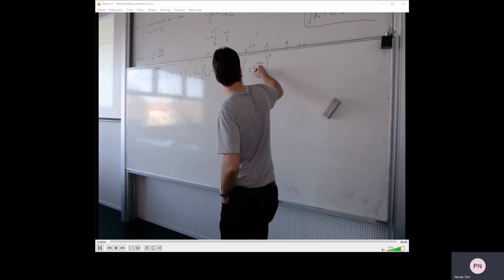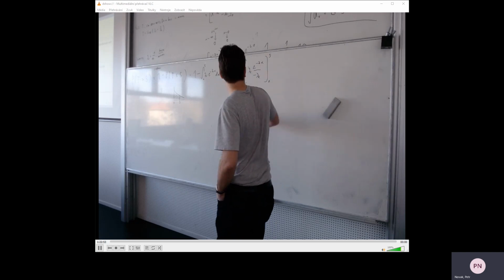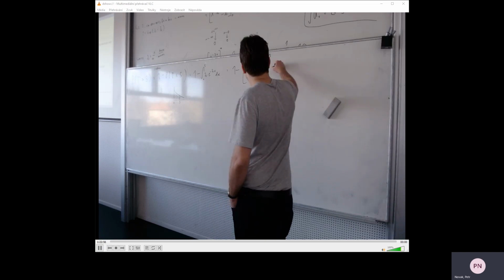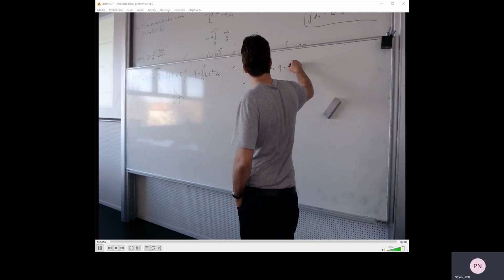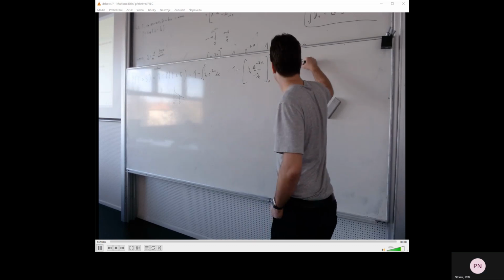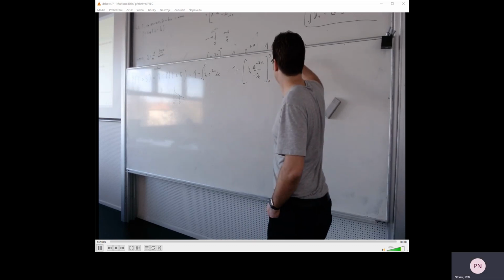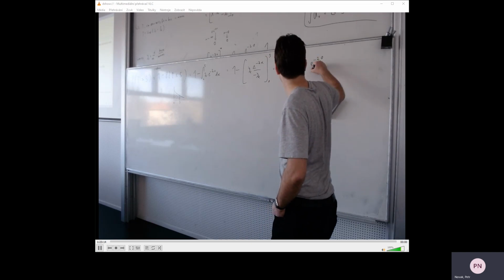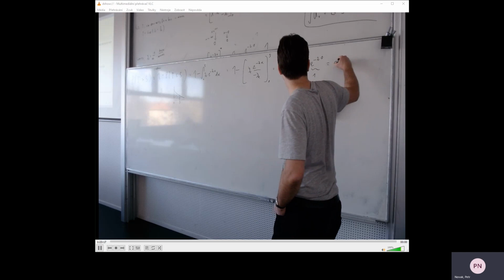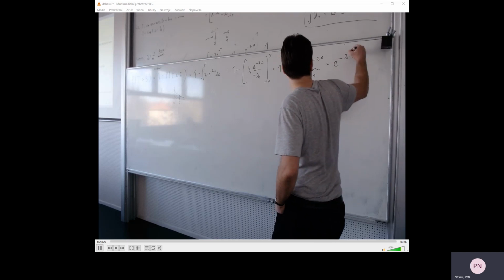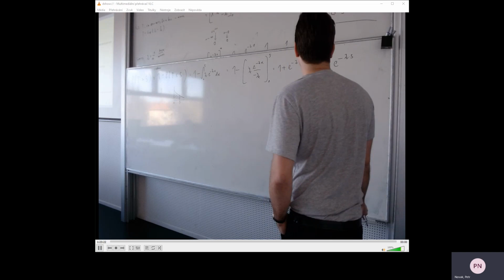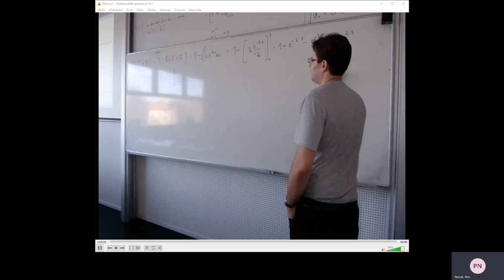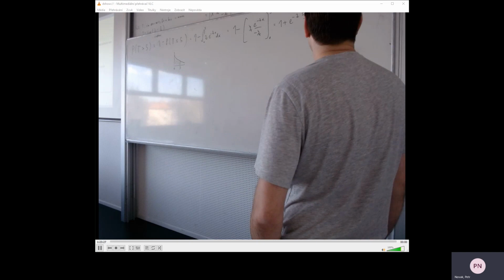These lambdas get cancelled. And so I will have 1 minus plus e to the power of minus lambda times 5, minus e to the power of minus lambda 0, which is 1, which gives e to the power of minus lambda times 5. That's one possibility of how we could compute this.